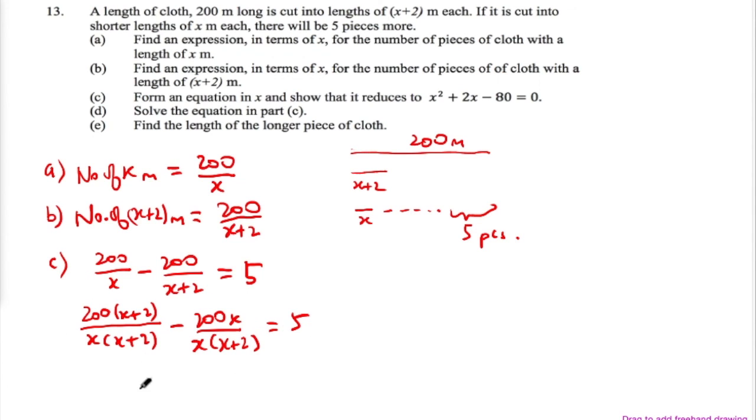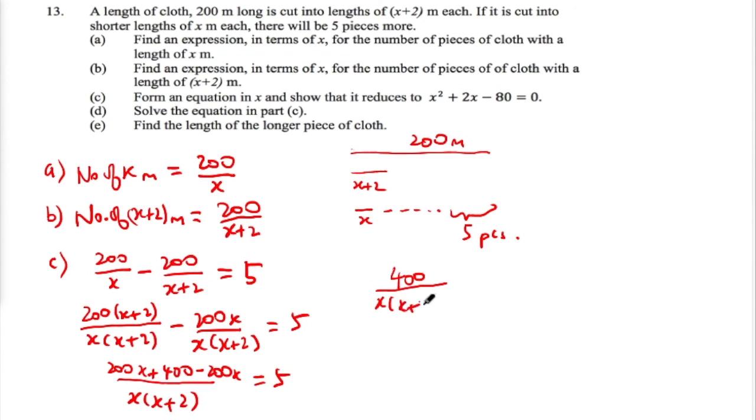In this way, we can put this into a single fraction over the same denominator. We have 200x plus 400 minus 200x. Simplifying this, 200x minus 200x is 0, giving us 400 over x times (x plus 2).